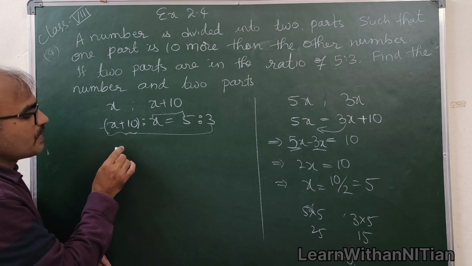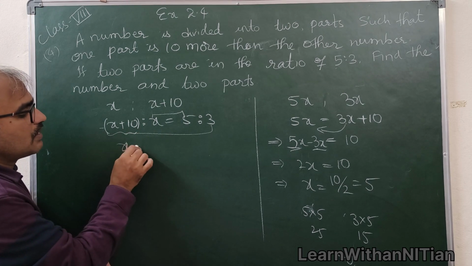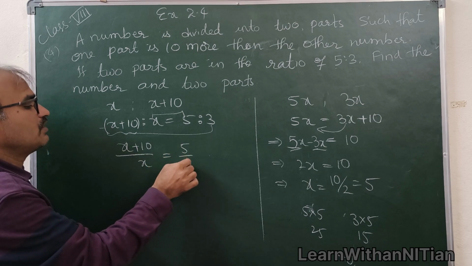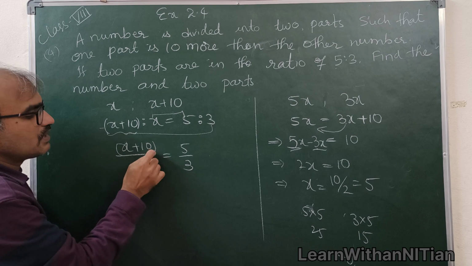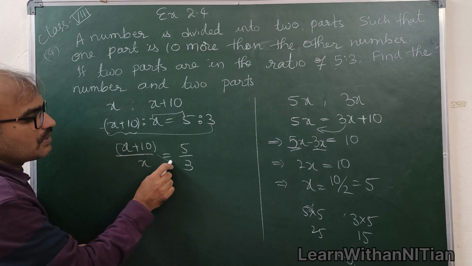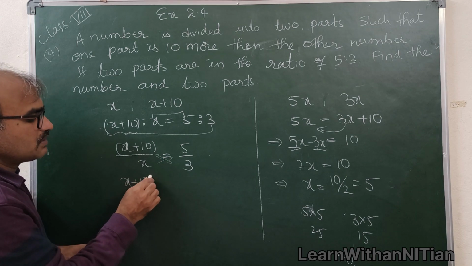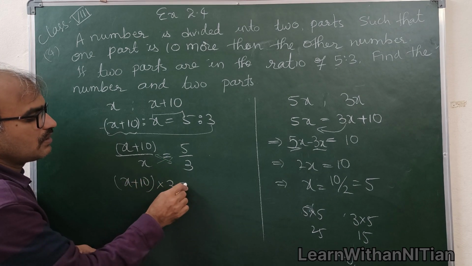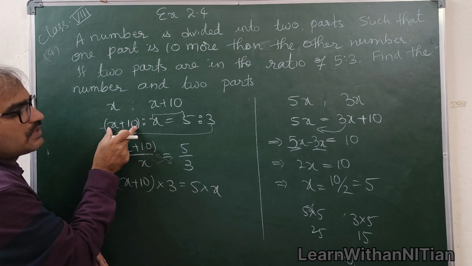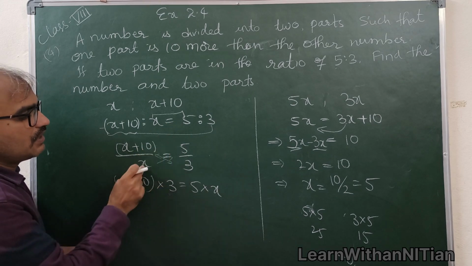Or else you can go in another way. x plus 10 by x is equal to 5 by 3. This will be extreme, this will be extreme, these will be the middle. So that is why you can multiply crosswise, right? x plus 10 into 3 is equal to 5 into x. That is, extremes: x plus 10 into 3 is equal to middles: 5 into x, right?